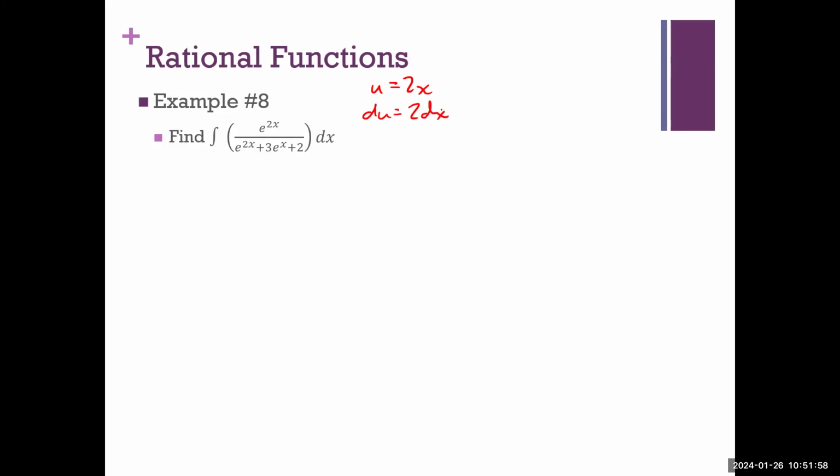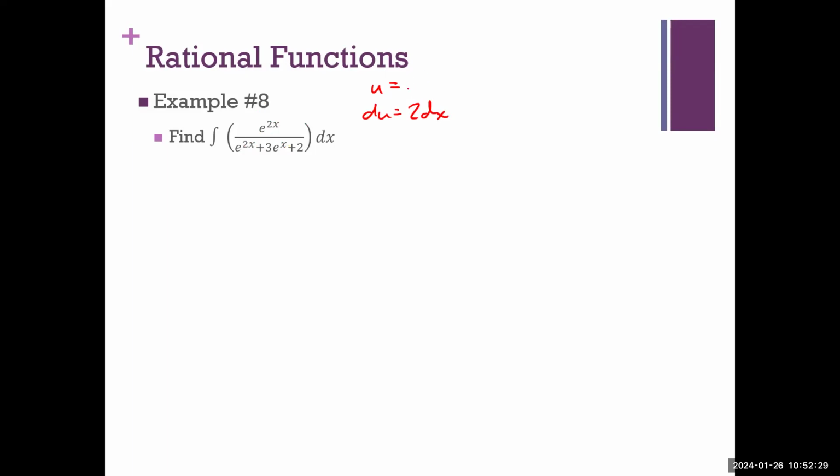So if I do that, I don't think there's a way to account for all the e's. Also, only some of these can be substituted directly. Is there anything else we could use for u? x squared? I don't have x squareds.